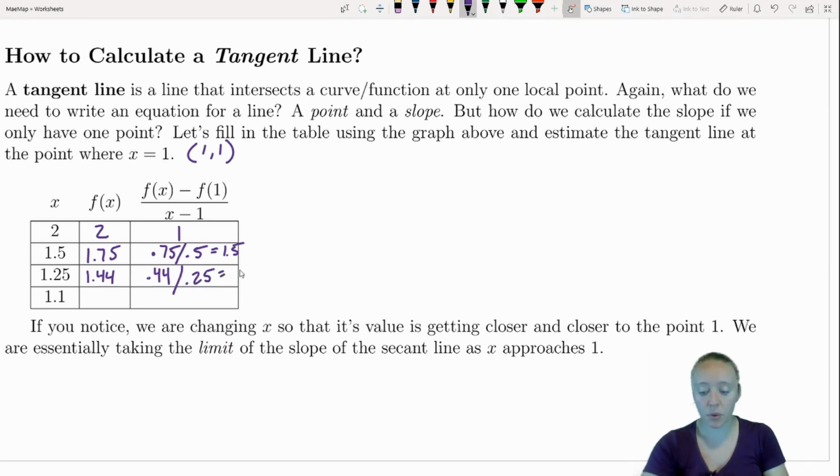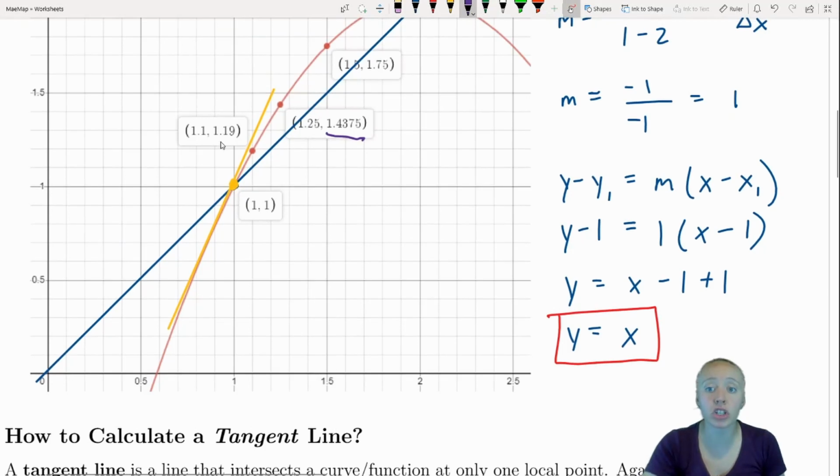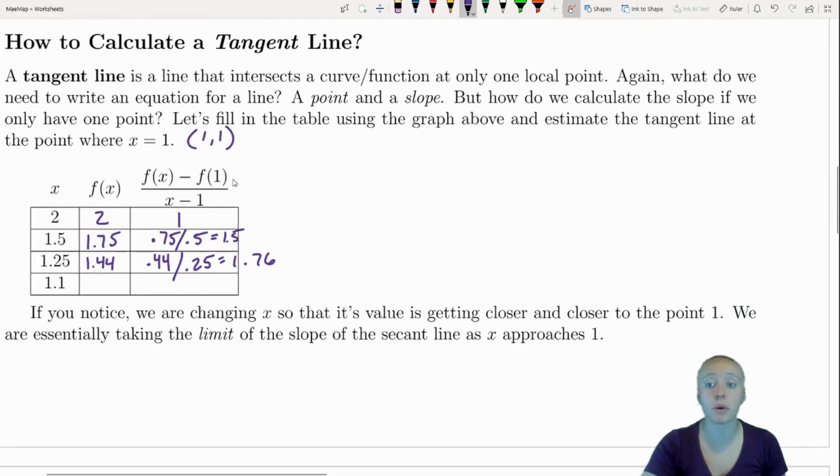Calculating this, 0.44 divided by 0.25 is going to give us 1.76. So our slope is even bigger. Now if we look at 1.1, which is even closer to our x value of 1, we're at 1.19 for f of 1.1.